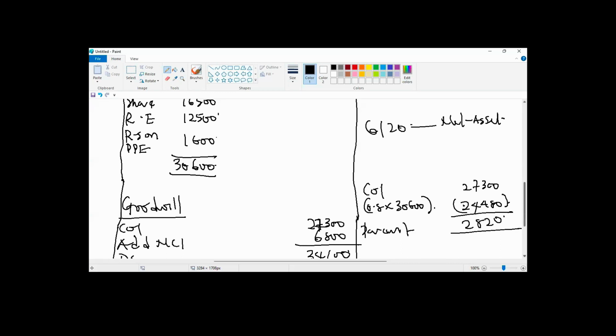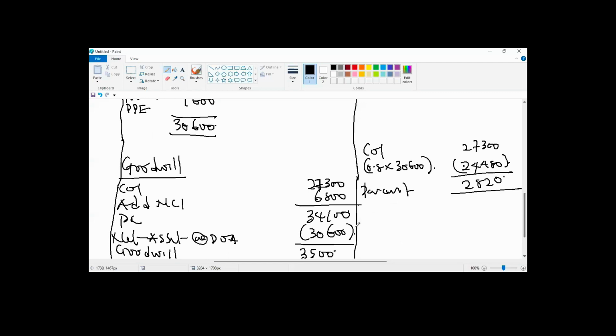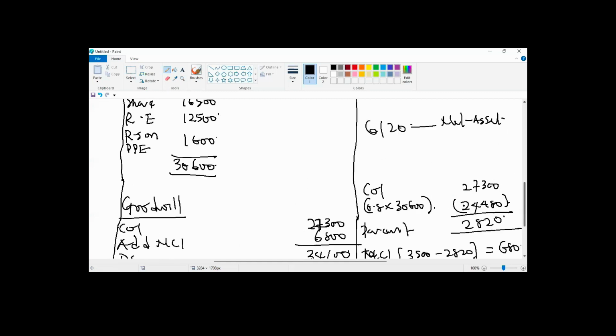Total goodwill is 3,500. NCI goodwill now: total 3,500 minus the parent's goodwill gives the NCI goodwill of 680.